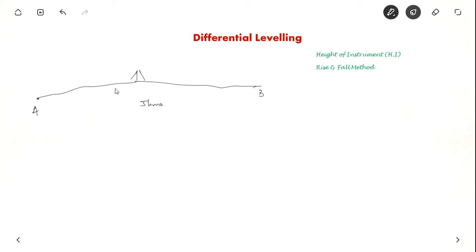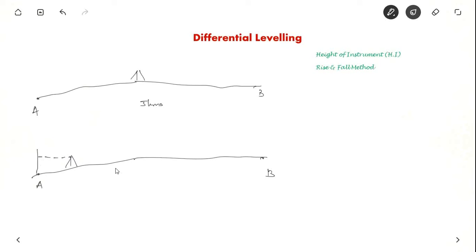So what you do is you go for differential leveling, which is nothing but you will have to change the instrument point 2 or 3 times. Let us say you know the reduced level of point A, and now you want to find out the reduced level of point B. So first you keep an instrument here, leveling staff here, try to sight this point.